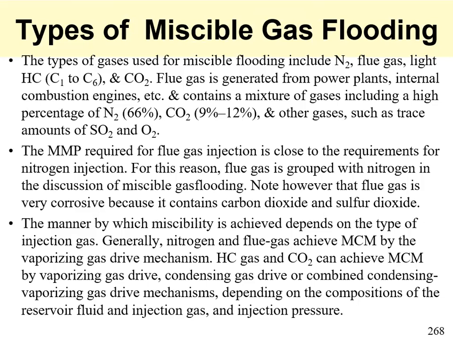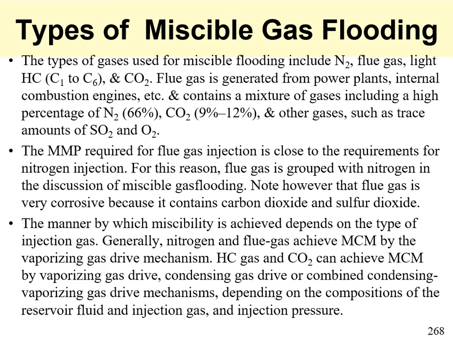Flue gases are generated from power plants and internal combustion engines, and they contain a mixture of nitrogen, carbon dioxide, and other gases with some trace amounts of sulfur dioxide and oxygen. So the minimum miscibility pressure for flue gas injection is close to what you have for nitrogen.